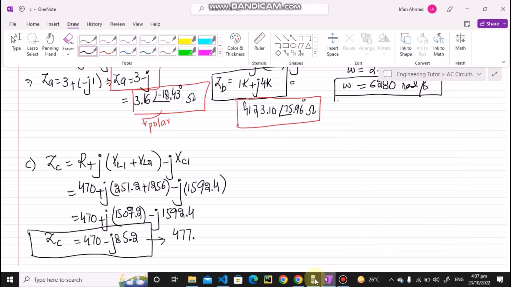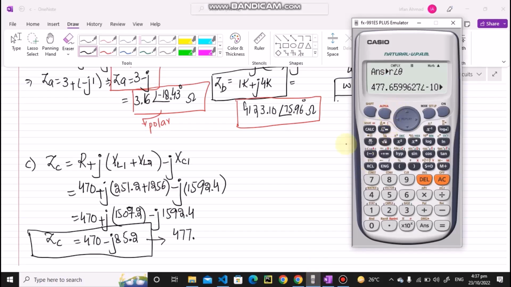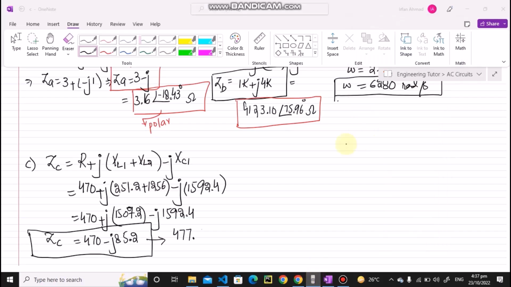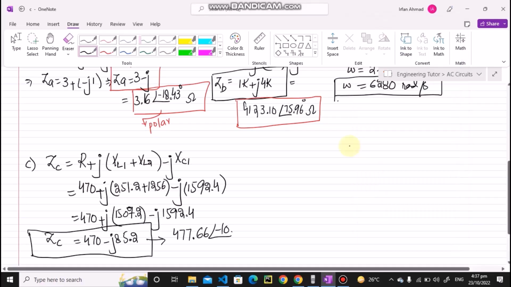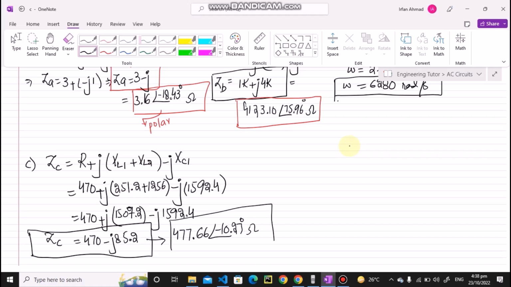477.66, and the angle is minus 10.27 degrees. So that is in polar form, and by plotting it over the complex plane, we will see that it will be somehow, let me plot it here.